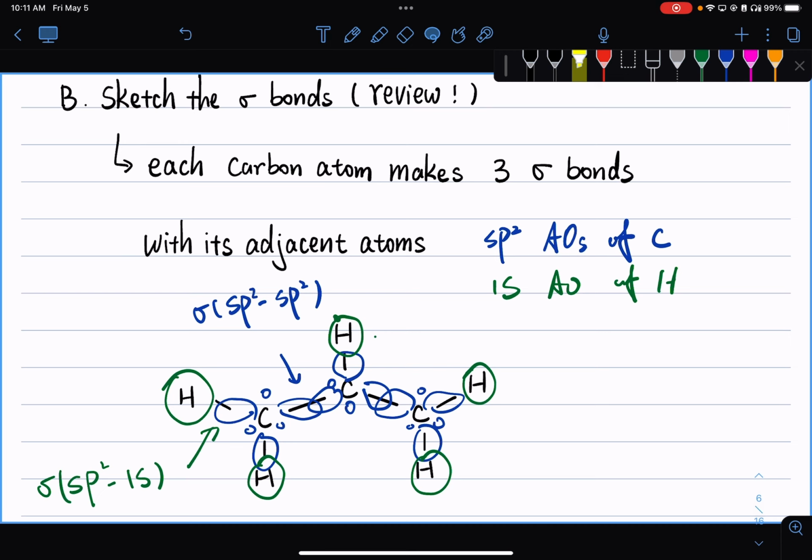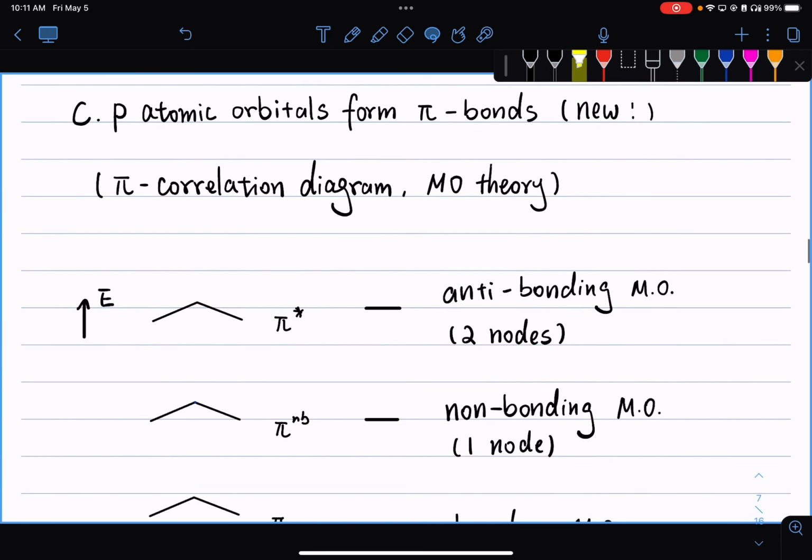All right, so now let's move on to the pi bond. These p atomic orbitals we will describe using a different quantum mechanical bonding theory, which is molecular orbital theory. Remember, molecular orbital theory gives you a very good description of how orbitals interact with each other in either bonding or anti-bonding fashion.